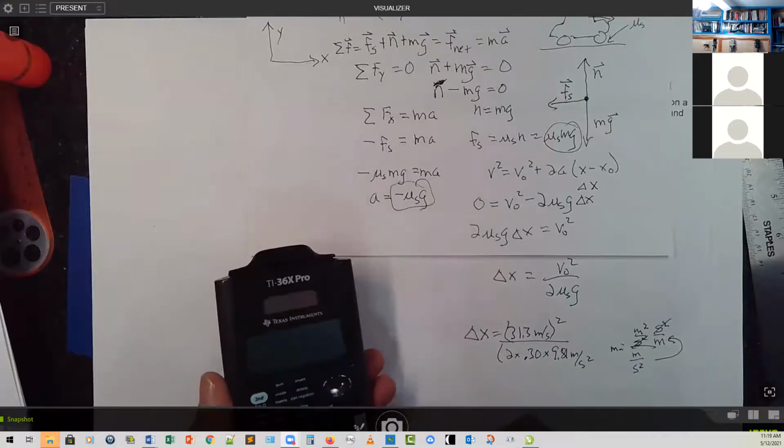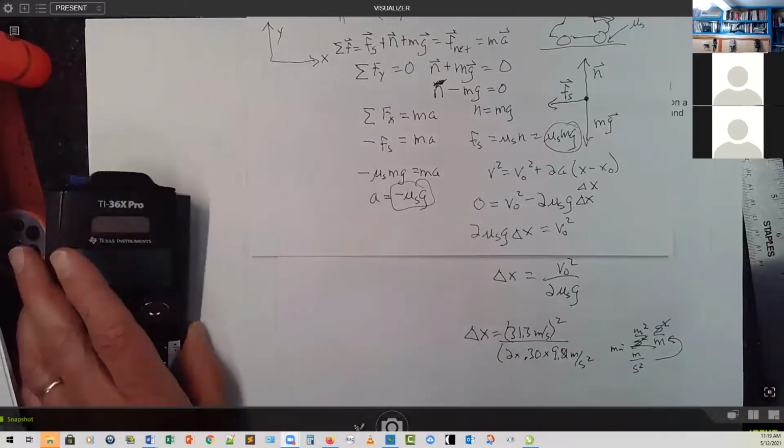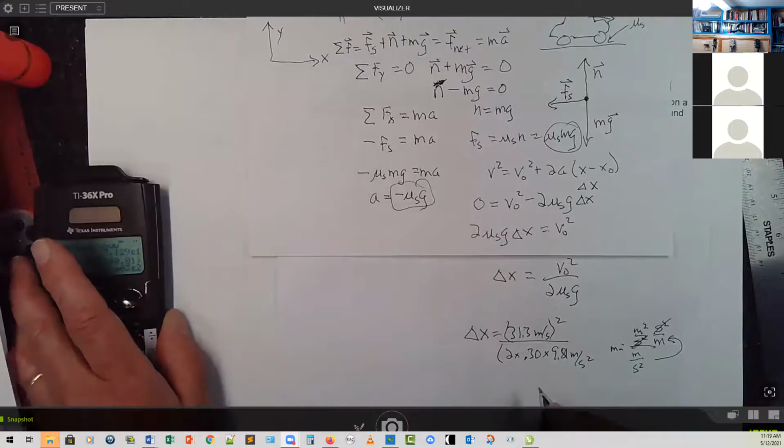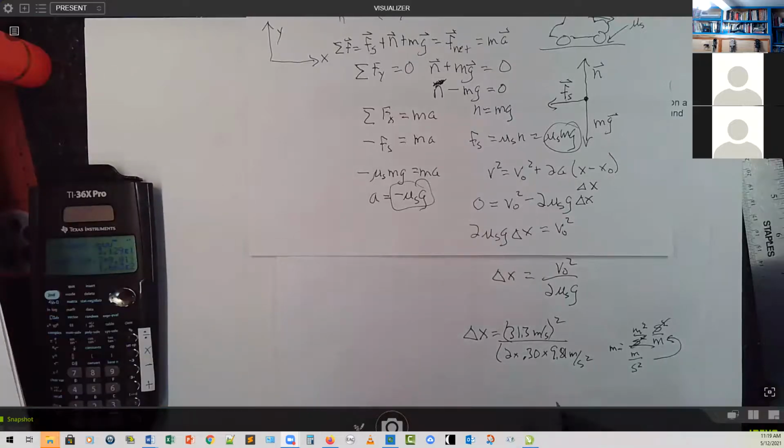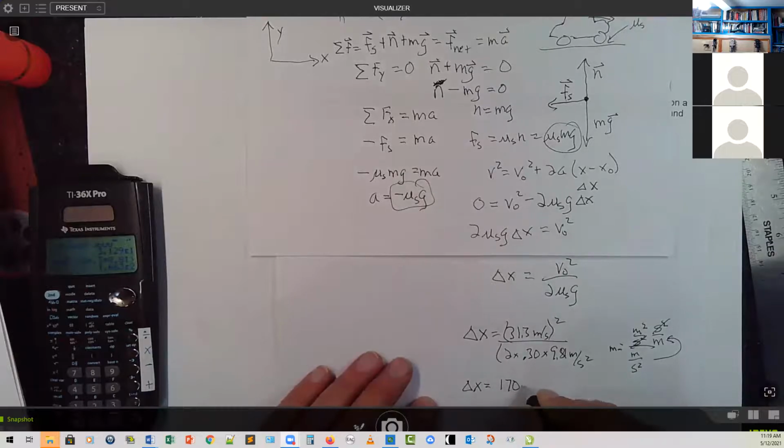And I get 170 meters. I've only got 2 significant figures here. So delta x equals 170 meters.